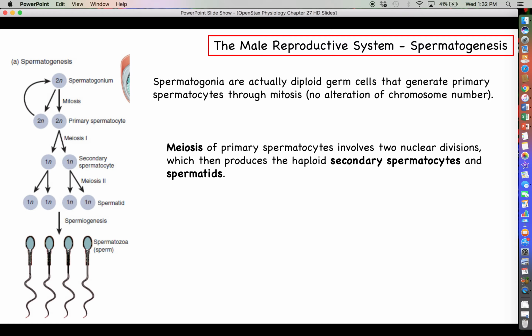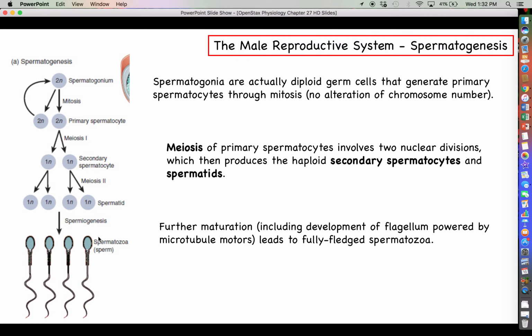So that's going to be how we go from diploid to haploid. When these primary spermatocytes undergo meiosis, and since that involves two nuclear divisions, we will produce the haploid secondary spermatocytes and then eventually the spermatids that are going to serve as the precursor to our final mature spermatozoa.